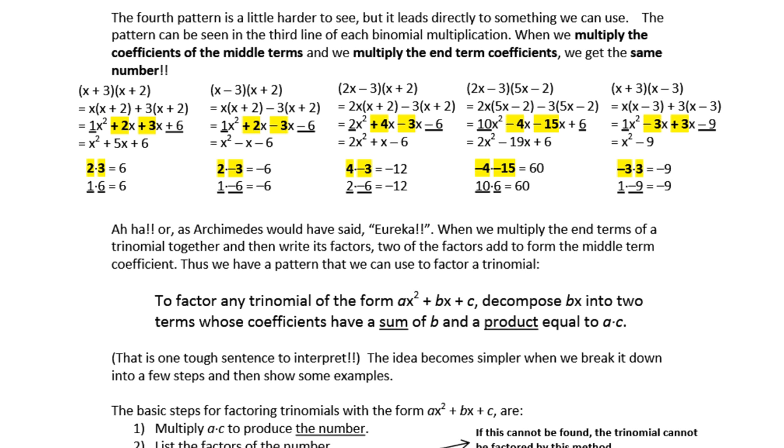These middle two, the 2 and the 3, are going to multiply to the first number times the last number. Let me say that again because it's a little bit confusing.